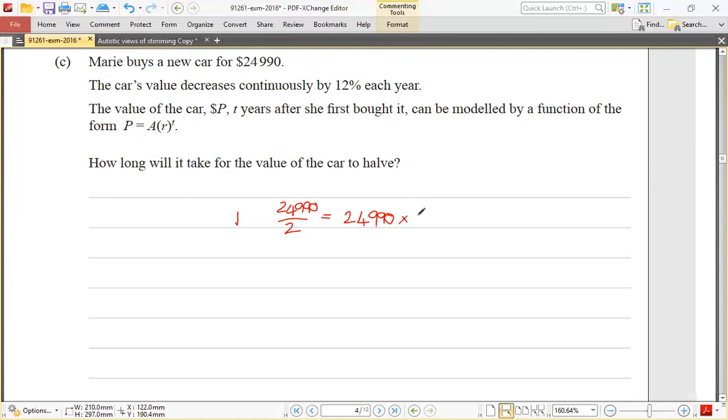The rate is 12%, so decreasing by 0.88. T. So how do I get rid of that 24,990 on the right-hand side? Divide it. So what do I end up with on the left-hand side?